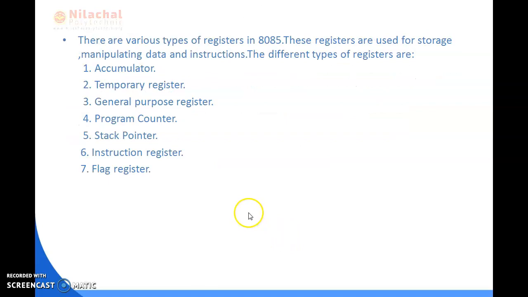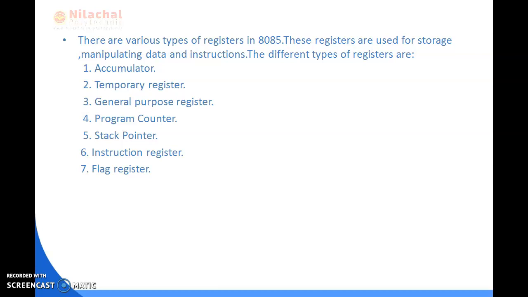So there are various types of registers in 8085. These registers are used for storage, manipulating data and instructions. The different types of registers are accumulator, temporary register, general purpose register, program counter, stack pointer, instruction register and flag register.